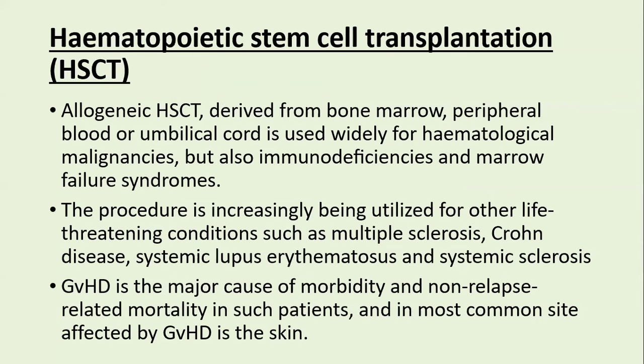Hematopoietic stem cell transplantation is the main reason for GVHD. In this process, allogenic hematopoietic stem cells, which are derived from the bone marrow, peripheral blood, or umbilical cord, are used widely for treatment of various hematological malignancies, also for immunodeficiencies and marrow failure syndromes like aplastic anemias.